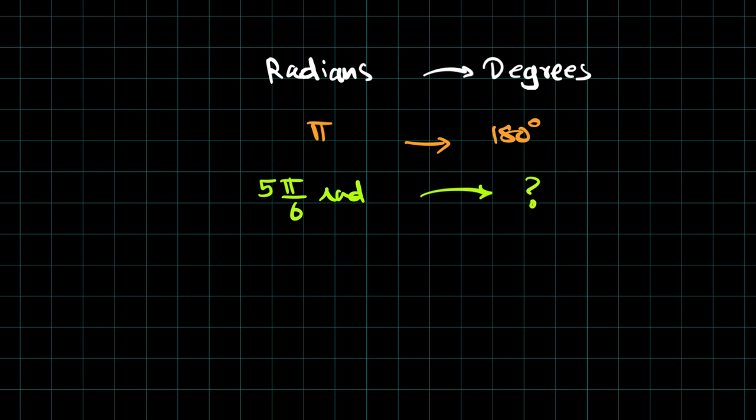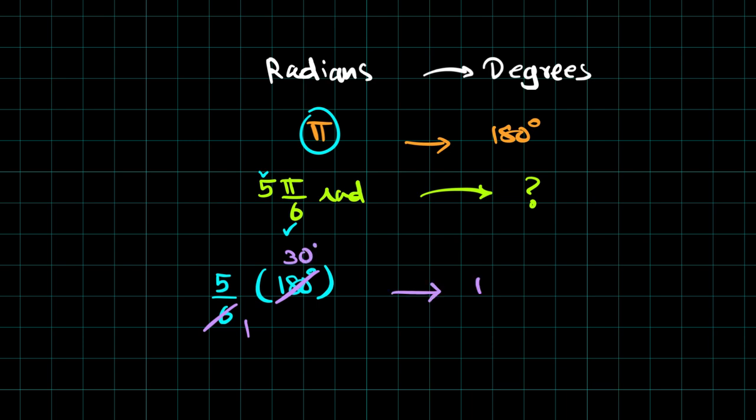So what should I do? 5 pi by 6. Basically multiplying pi with 5 and dividing by 6. So instead of pi, what should I write? 180 degrees. So therefore 6 ones are, 6 30s are, 30 into 5. That comes out to be 150 degrees. That is how the conversion is done.